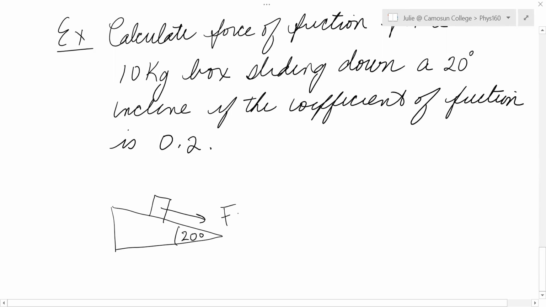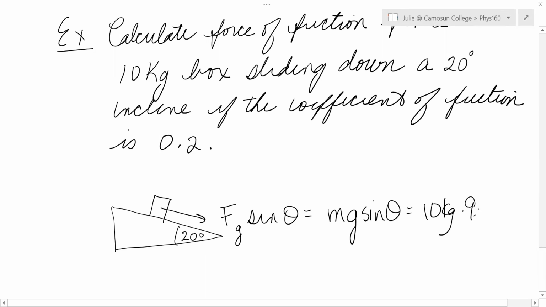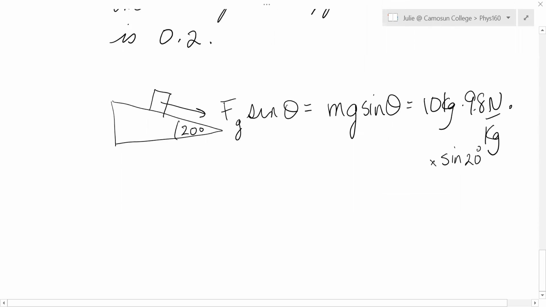Down slope will be Fg sine theta. The force of gravity is mg sine theta. So this would be 10 kilograms times 9.8 newtons per kilogram times the sine of 20 degrees. Okay, so that downslope force, quickly put that on my calculator, would come out to be 33.5 newtons. Okay, so that's the Fg sine theta.